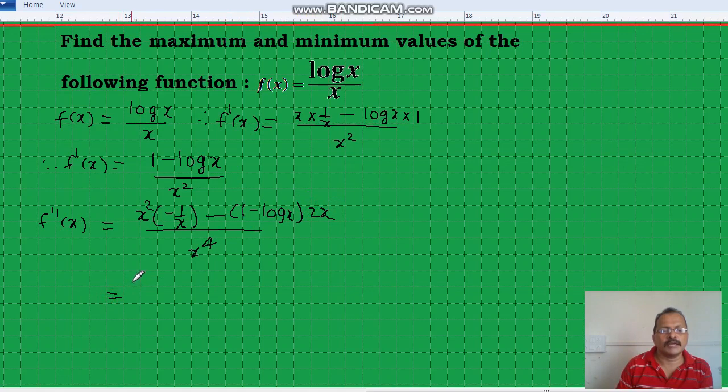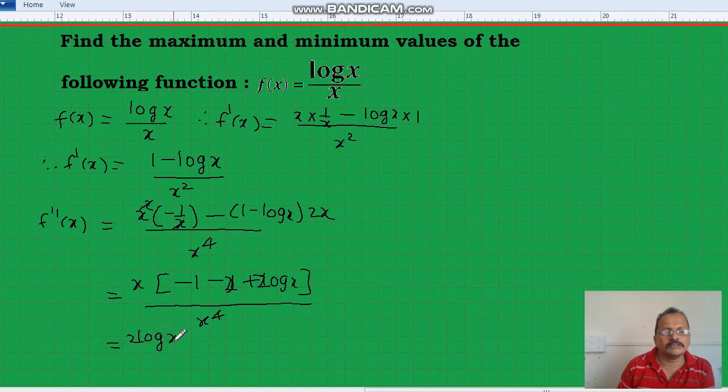Take x common and cancel, 1 x cancels here, x into bracket (minus 1 plus log x)... divided by x raised to 4. 2 remained over here, minus 1 minus 2 plus 2. So this is (2 log x minus 3) upon x raised to 4.